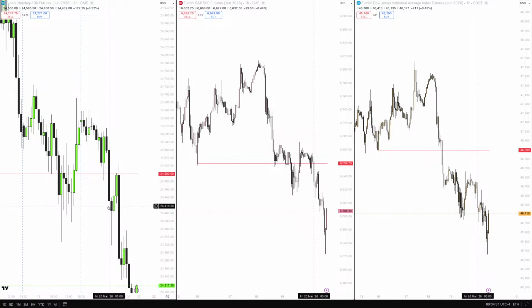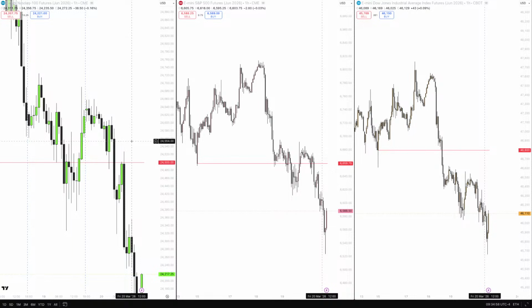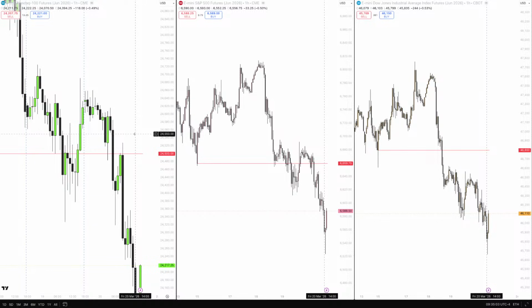And as soon as we see this displacement below, but the next candle did not displace above it again, like we saw right here, then it is signaling to you that we will continue to the downside and that we should see resistance at the new week opening, which we did right here in this case. So the same is of course true for the other way around as well, so for longs.